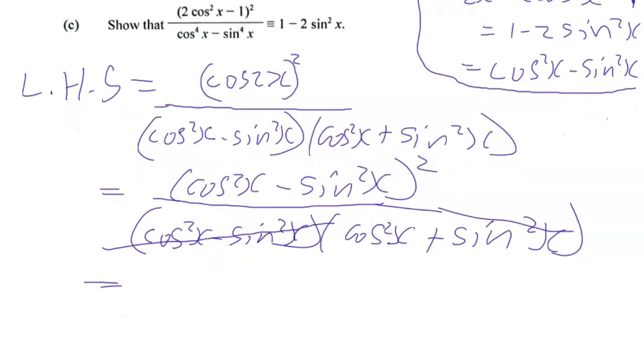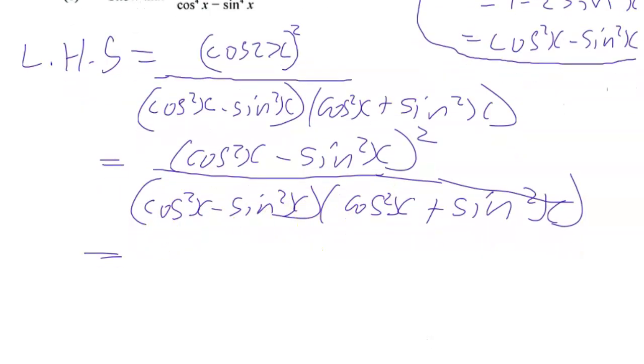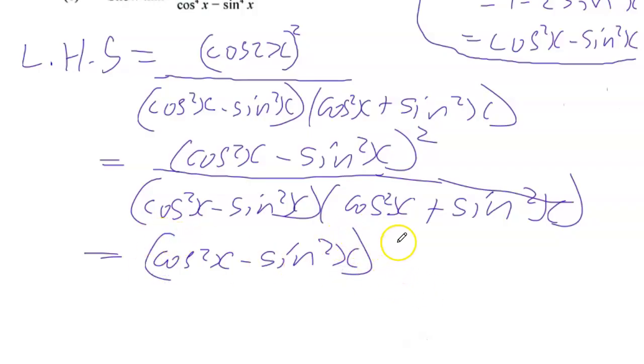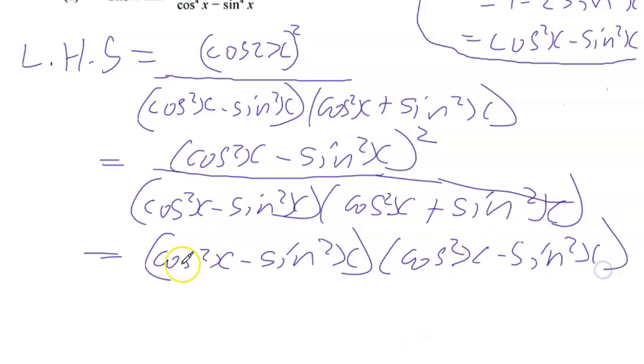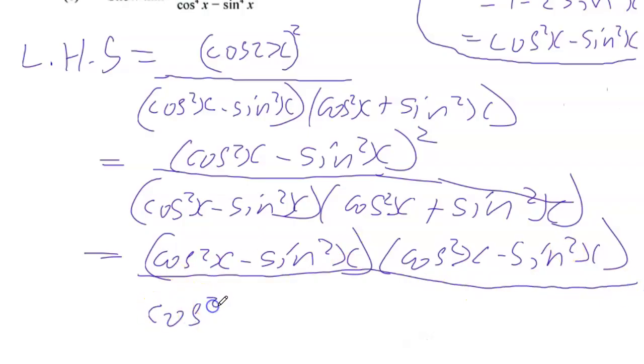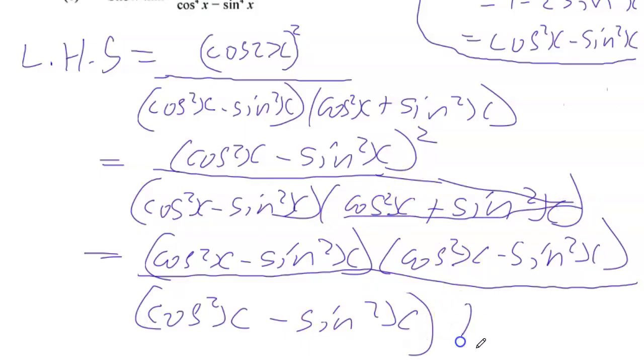Let me just write it out. So this is actually (cos square x minus sine square x) all square, and all square means you multiply it by itself, so times (cos square x minus sine square x), all over (cos square x minus sine square x) in the first bracket. In the other bracket, we should recognize that cos square plus sine square is 1, so times 1 down there.